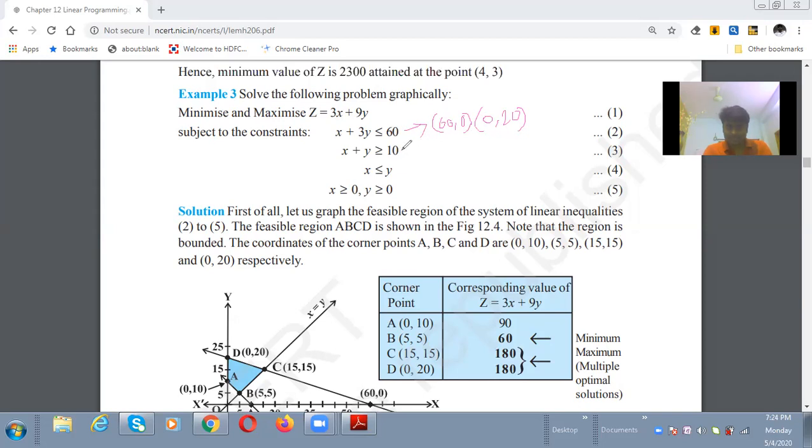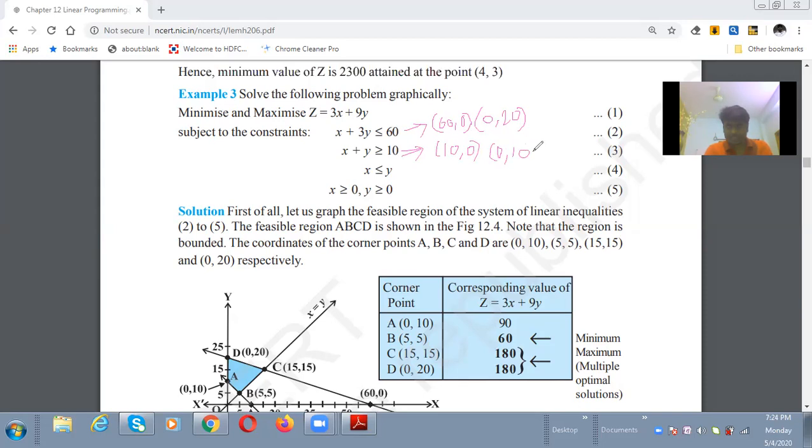Similarly, from x plus y equals 10, I can take 10 comma 0 and similarly 0 comma 10 also. Correct? Like that we can take table values for both the equations.